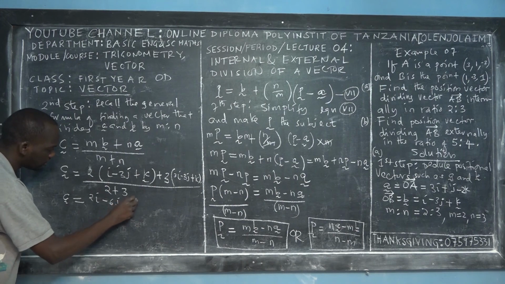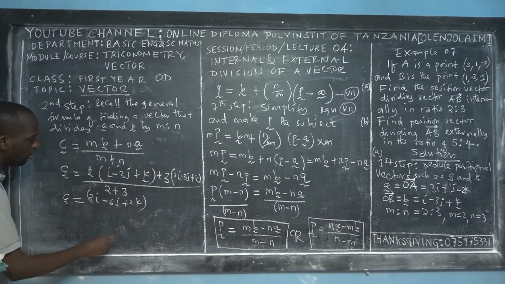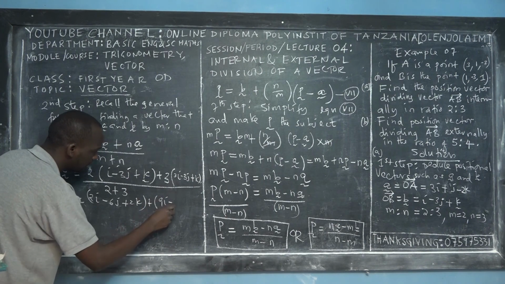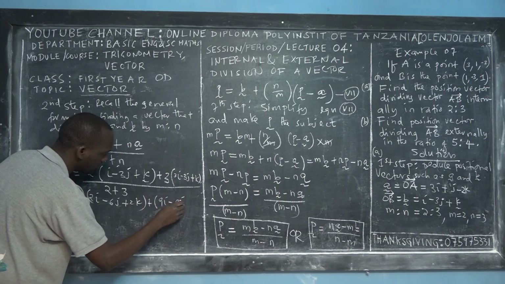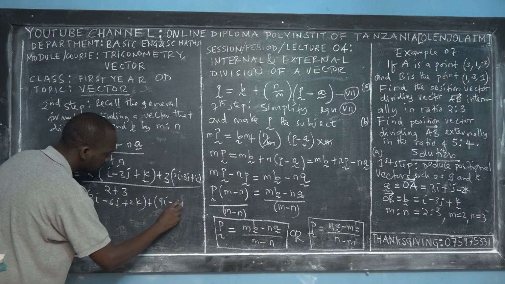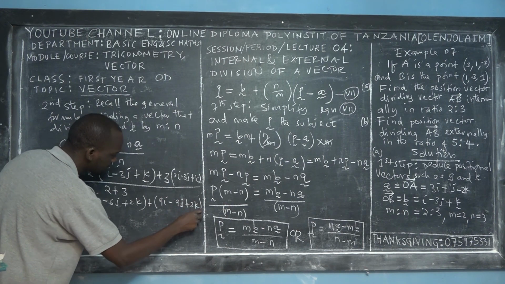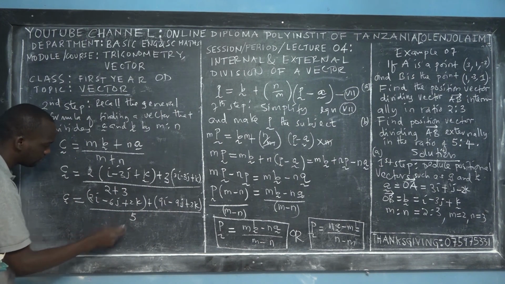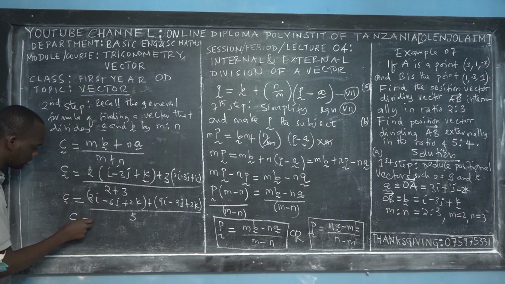Then 2 times k is twice k. Then plus 3 times 3, it is 9i. And then 3 times 3, it is 9j. 3 times k is 3k. Then we add the components. 2 plus 9 is 11i.